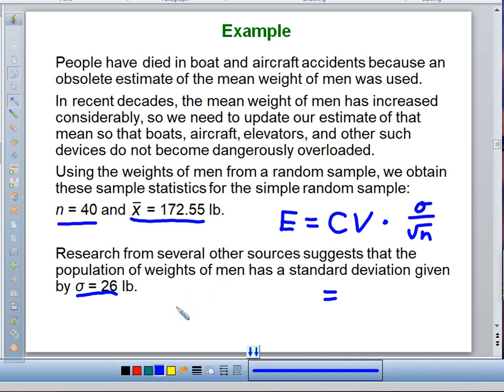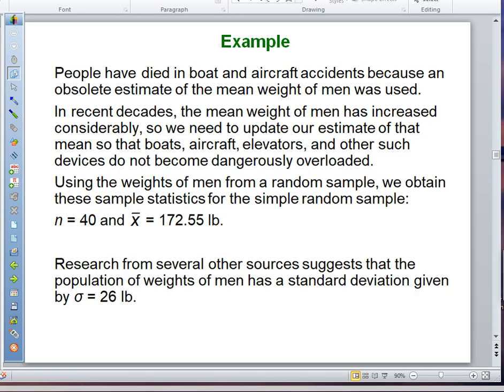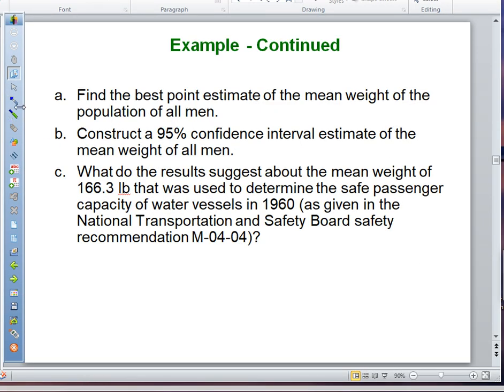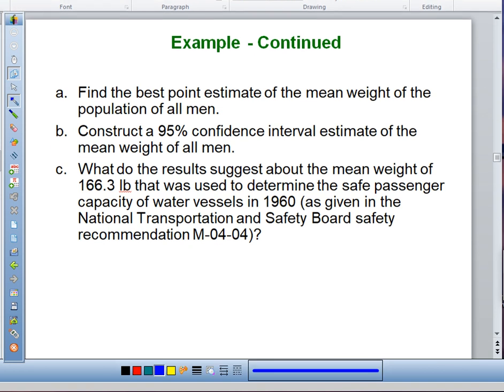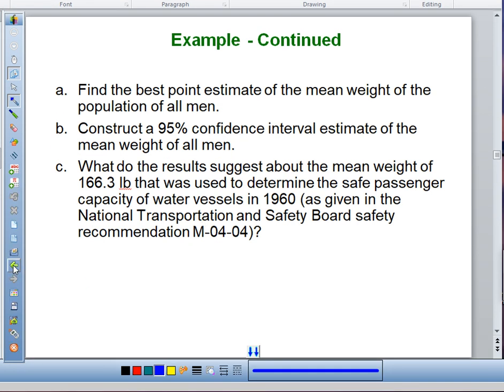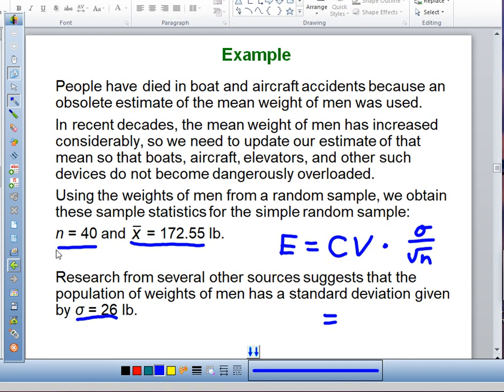Let's do a 95% confidence interval. Let me check and see what it says here. Yep, 95% confidence interval. So first find the best point estimate, the best one number guess for the weight of all men. What do you think the weight of all men today would be? The best guess at the average weight of all men.